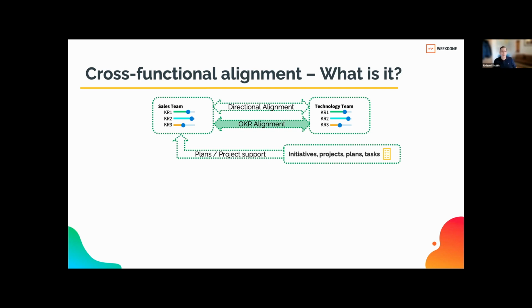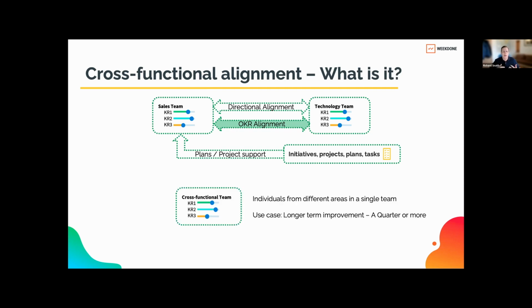Now, there is one other thing people mean, and often people talk about, well, we want to have shared KRs and shared elements. Well, often what that really means is we have the need for a cross-functional team. If we have more than two teams, if we have 3, 4, 5, 6 teams, all the teams in the company, if we're looking to drive something across the company, a change across all teams in the whole company, it might be we actually need to set up a cross-functional team.